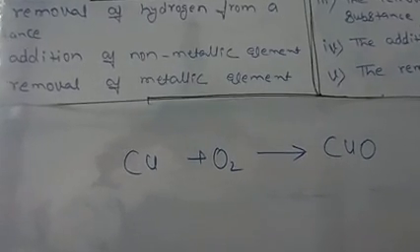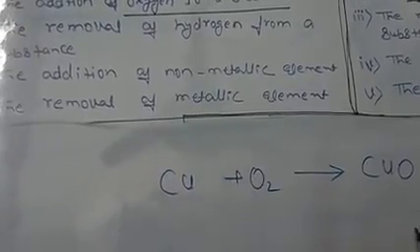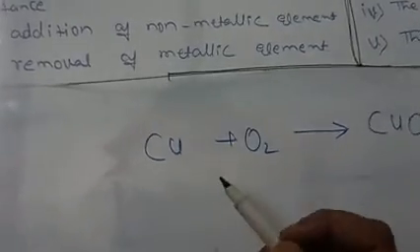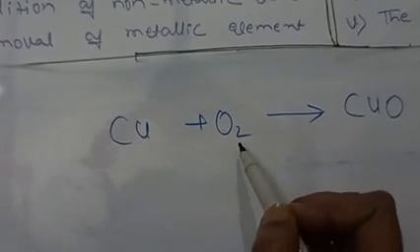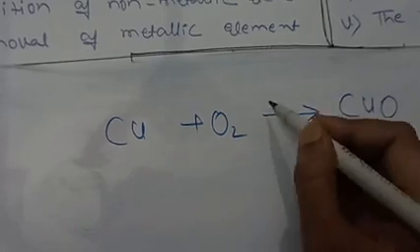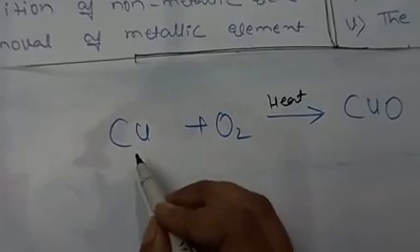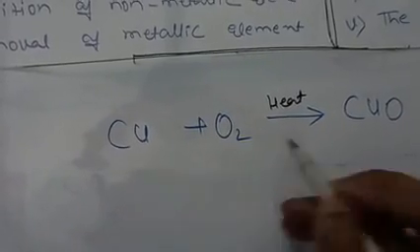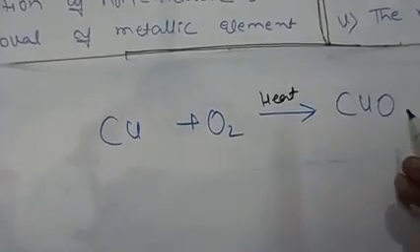Now here I am showing you one more example to relate this oxidation reaction with points 4 and 5, metallic and non-metallic. See here, if you want to balance this equation, first see that copper, when it is burning in the presence of oxygen, makes copper oxide in the presence of heat. If you balance the equation, there is one atom of copper on the LHS and one atom of copper on the RHS. There are two atoms of oxygen on the left and one atom of oxygen on the right.